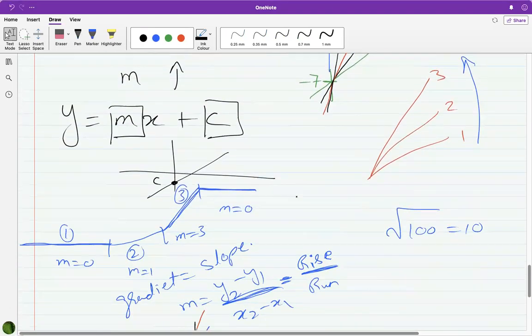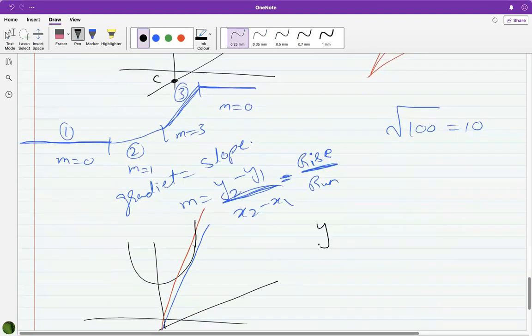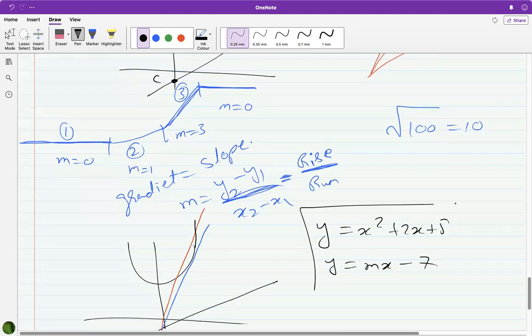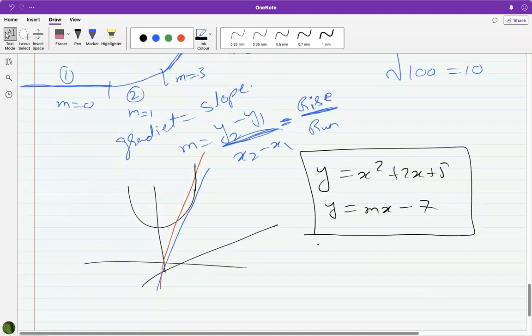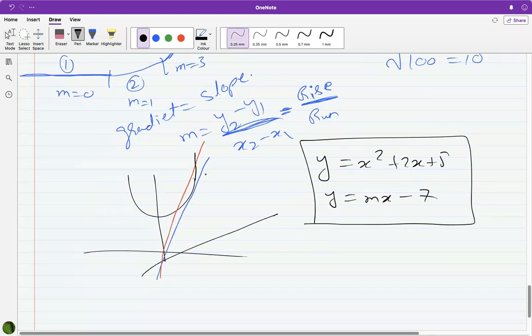The question is x square plus 2x plus 5 and y equals mx minus 7. If the question says find the value of m for which the line touches the curve, so this will be the second case.